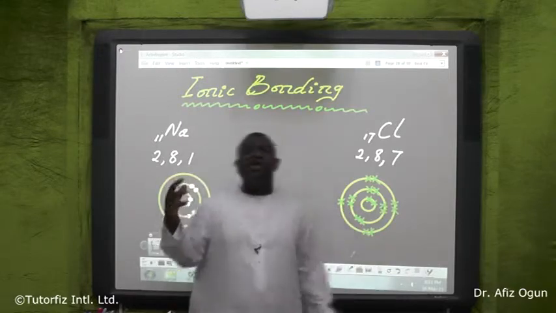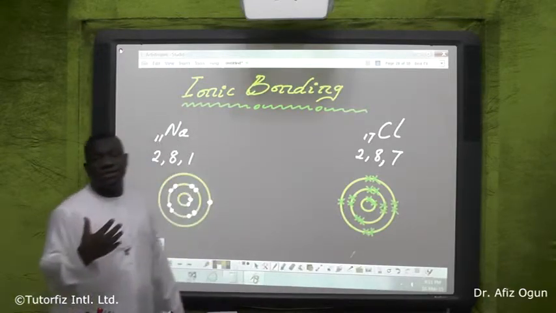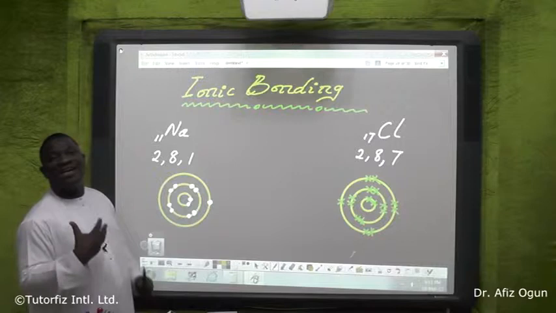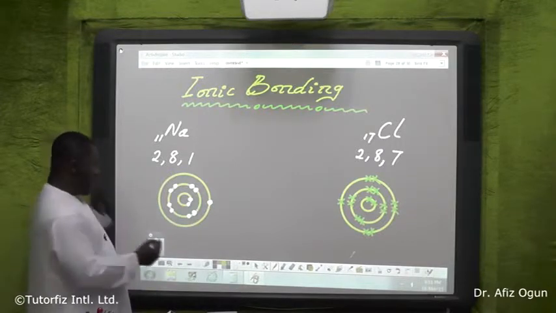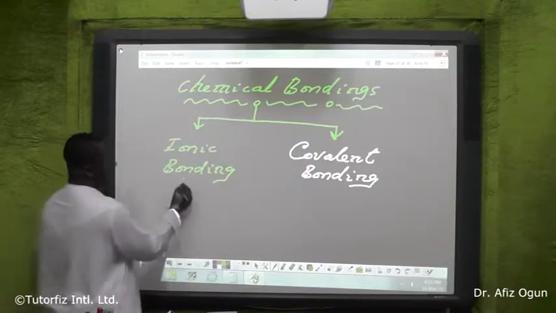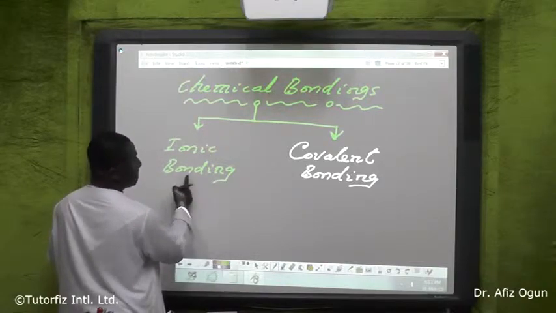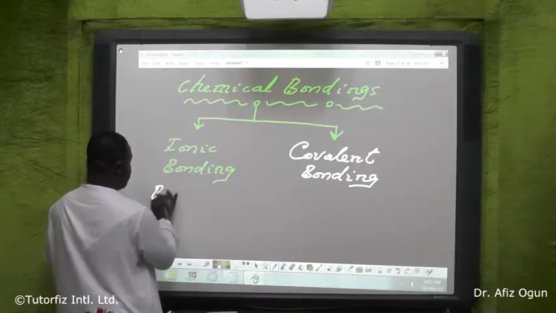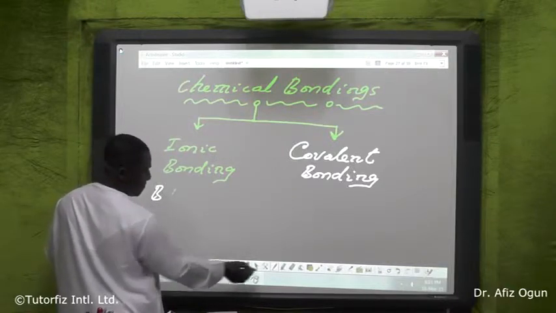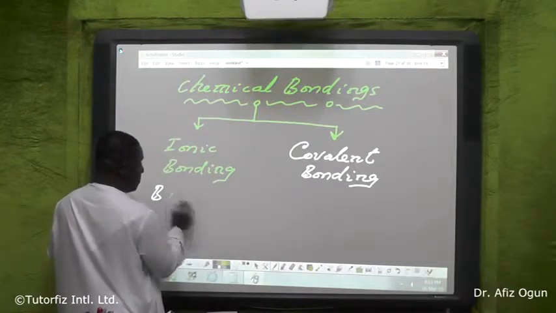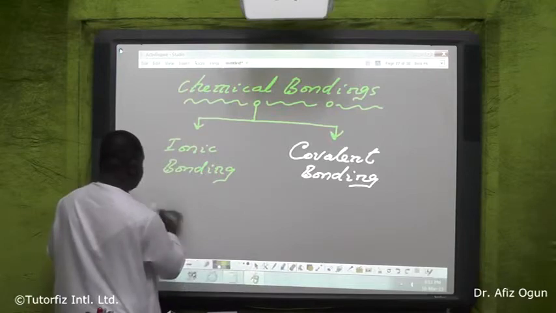So ionic bonding is a bonding between metal and non-metal. Metal plus non-metal.